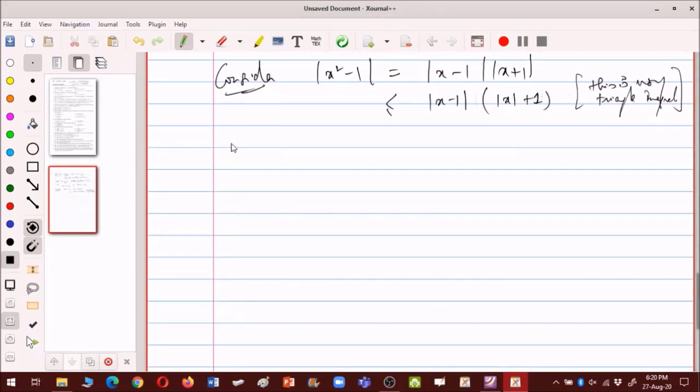So for that I will take some bound on |x - 1|. So let |x - 1| be less than 1.